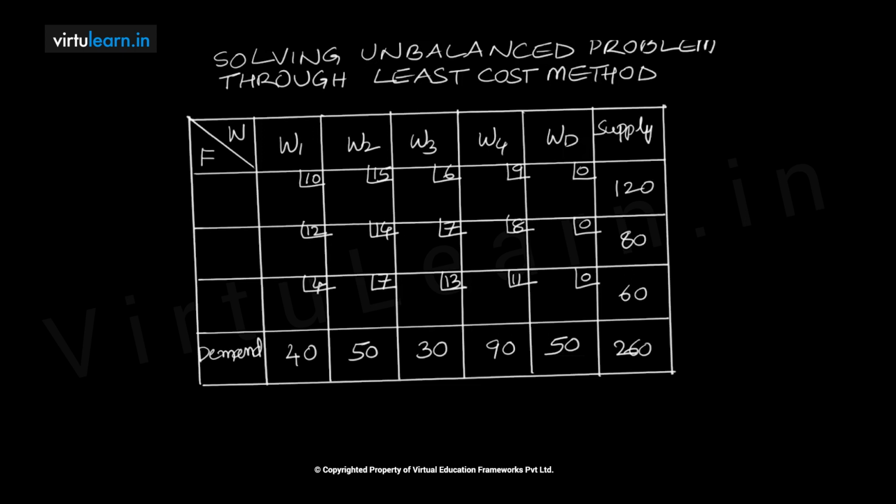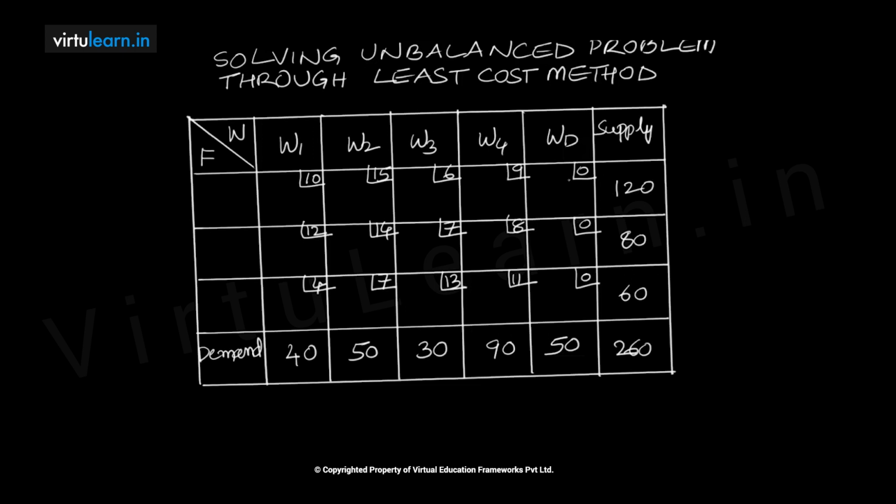Now in the least cost method, we are going to allocate first to the lowest cost. So here zeros are the lowest cost. There is no hard and fast rule; we can make the allocation arbitrarily, whichever we choose. So here we have 120 units.